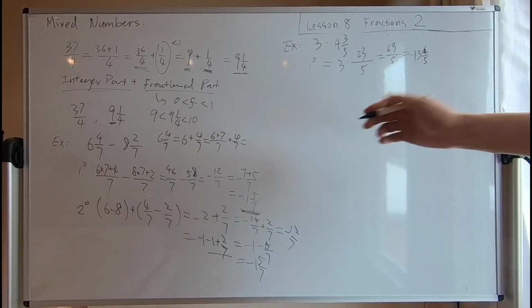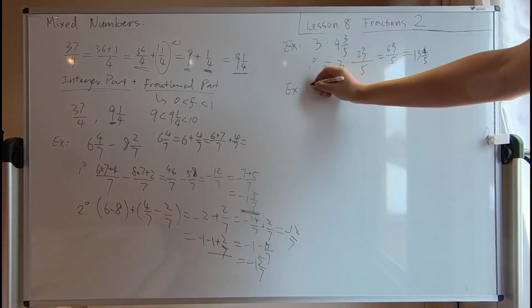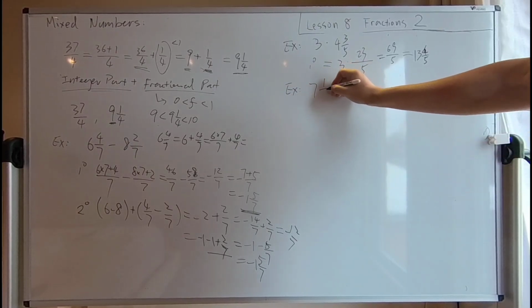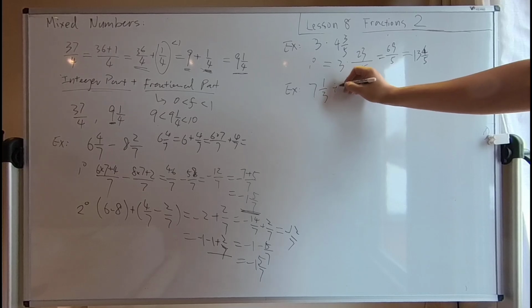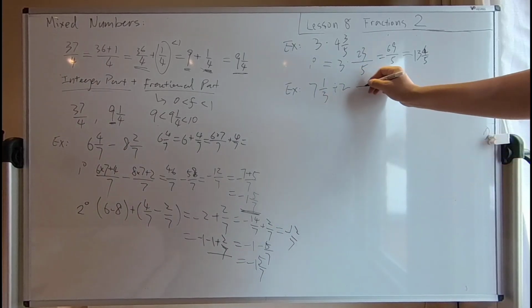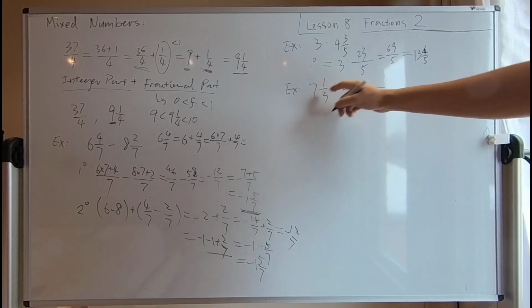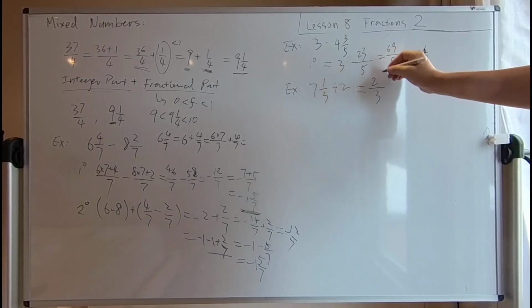Okay, and then the other example, if this involves division, we have this divided by 2. Again, I can convert the first number to be 3 times 7 is 21, so 21 plus 1 is 22.